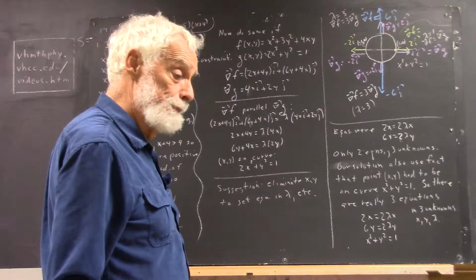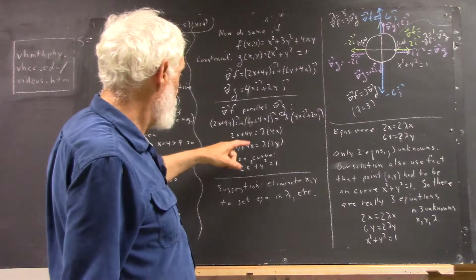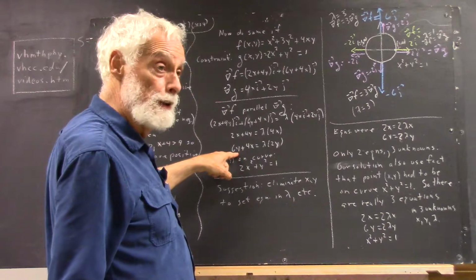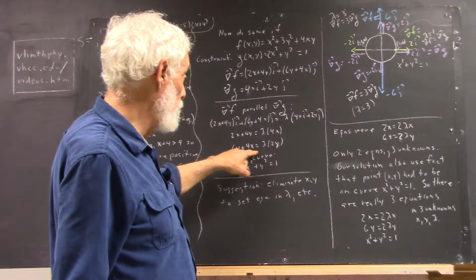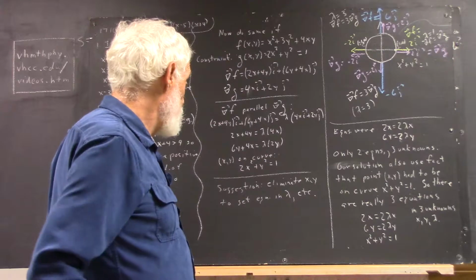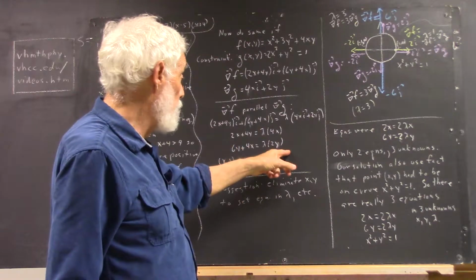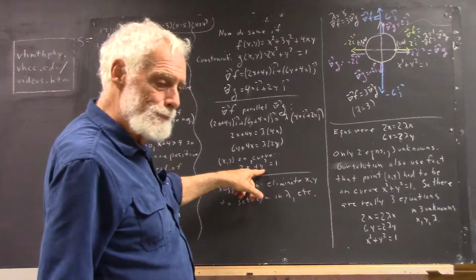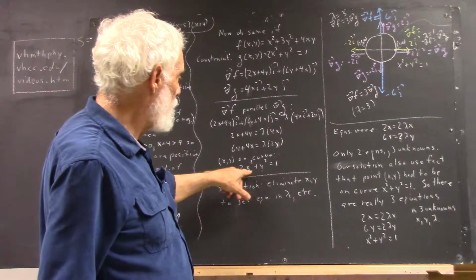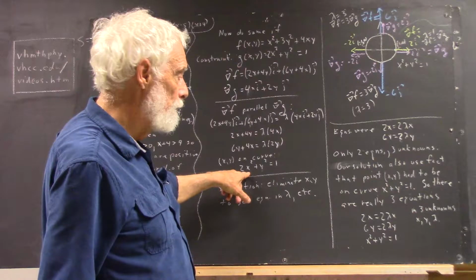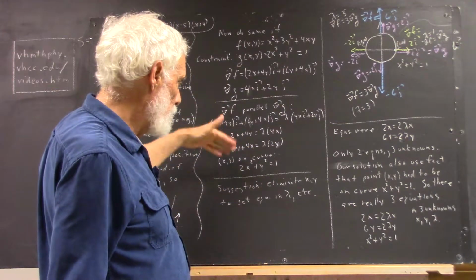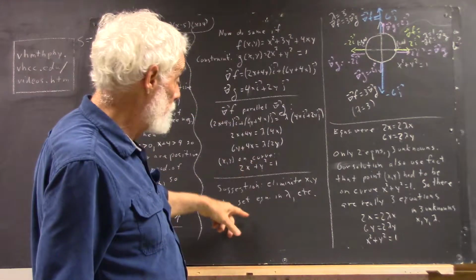So for example, I could solve this equation for y, plug that expression in here, and I just have an expression for x and lambda. Then solve that equation for x, plug the result I get for y and the result I get for x in here, and solve for lambda. So, one way or another, eliminate everything but lambda and solve for lambda.